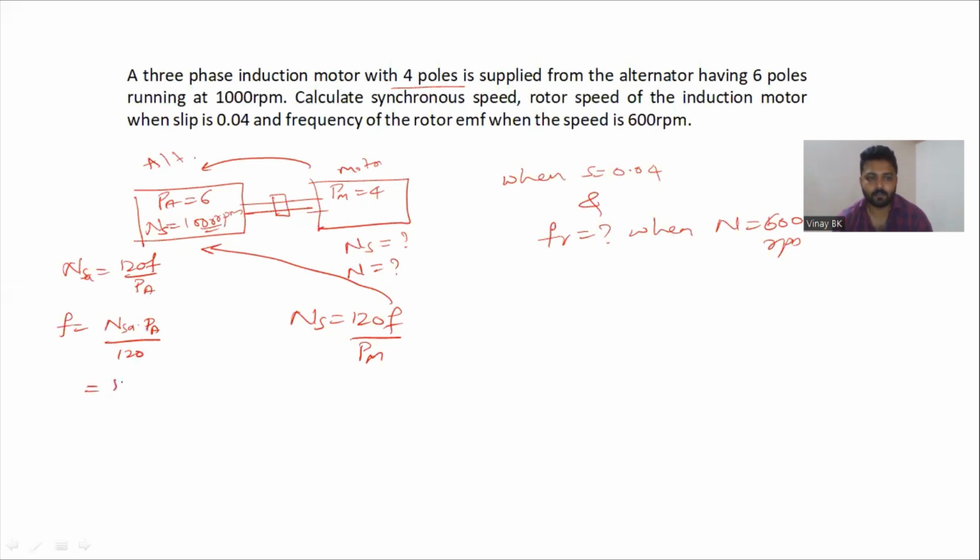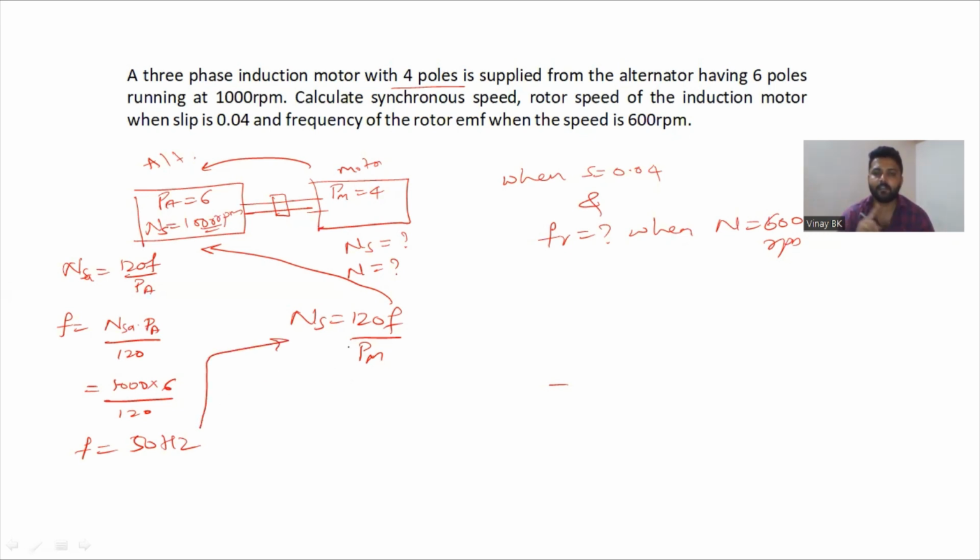It is 1000 into 6 divided by 120, so you get a frequency of 50 hertz. You need to substitute this to get the value of Ns.